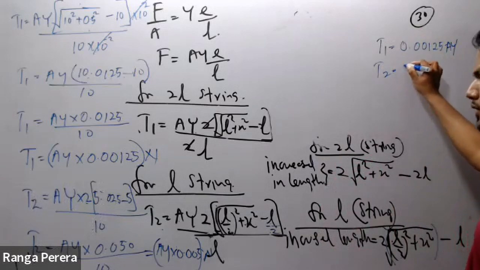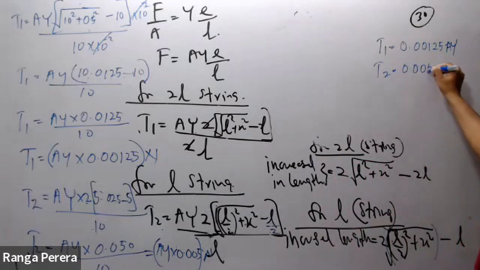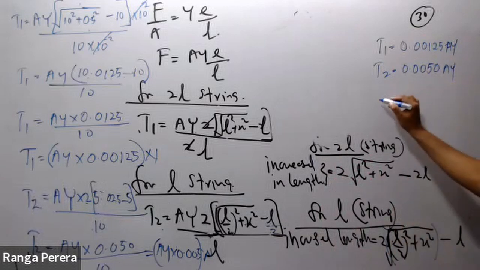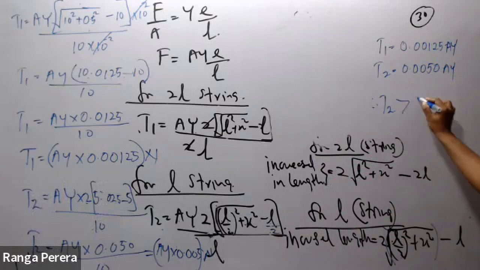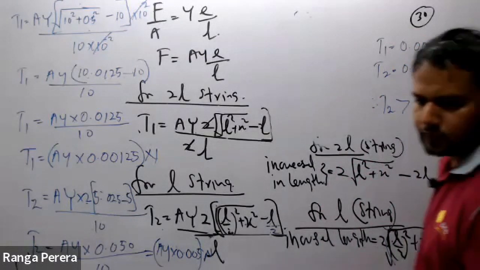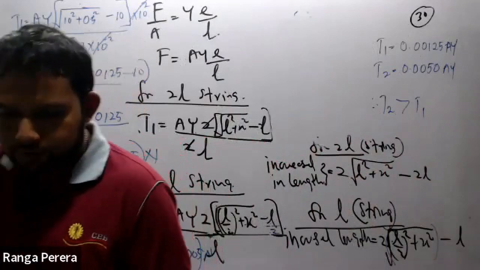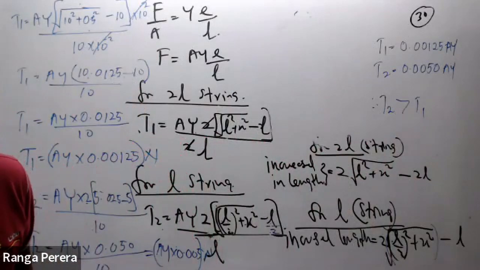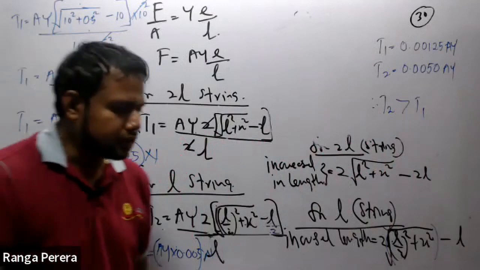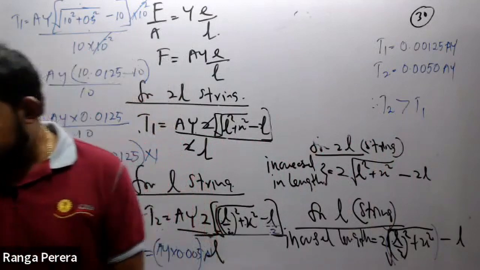T2 we calculated, 0.0050 AY. Which one is large? It looks like T2 is greater than T1. Tension on the shorter string is more than the tension there. T2 is larger than T1.